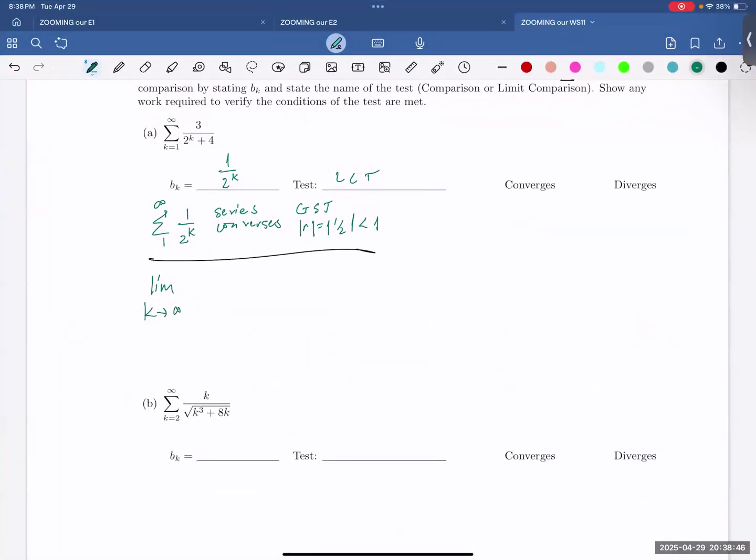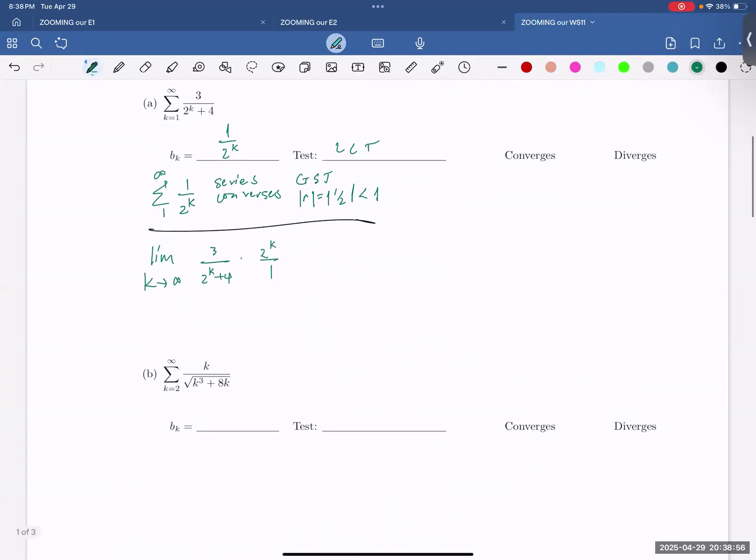No absolute value bars. A sub k divided by b sub k is the reciprocal there. You know what? I'm going to go back. It doesn't matter. You could change this to a 3 and make this a 3, and then they cancel, but it's fine.